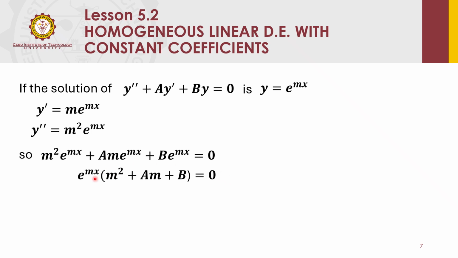So e to the power of mx is 0, and m squared plus am plus b is also equal to 0. So we can solve for the values of m here, and this would be our basis to write the solution of the higher order linear DE later.